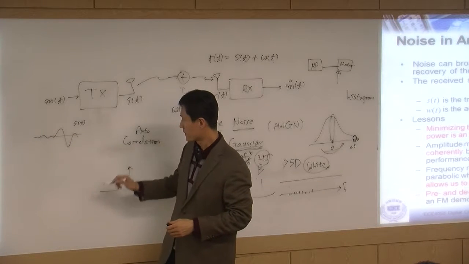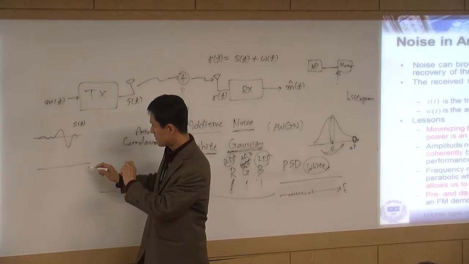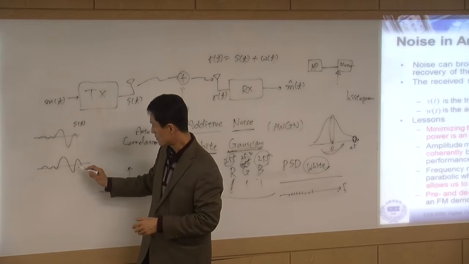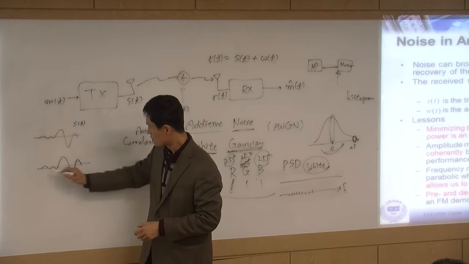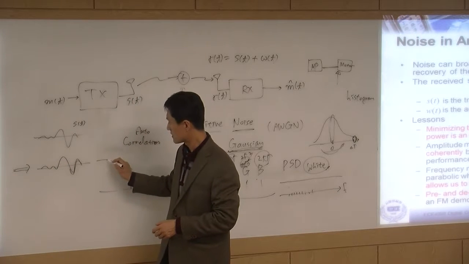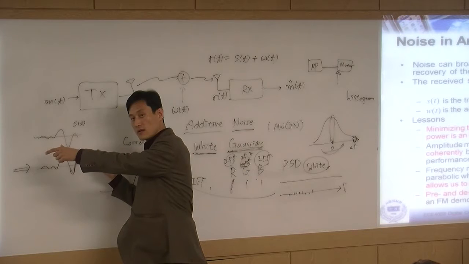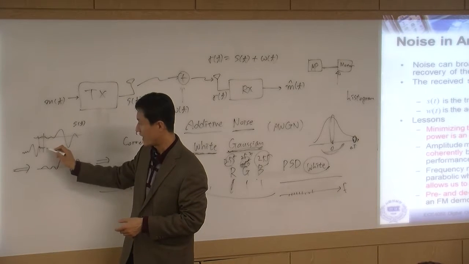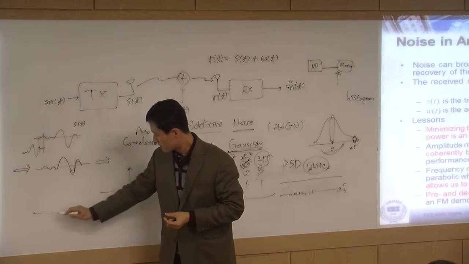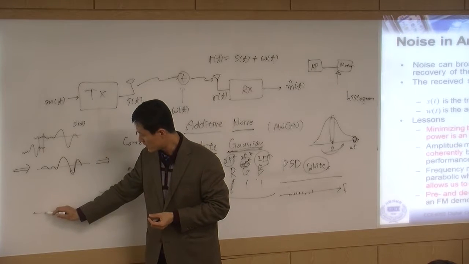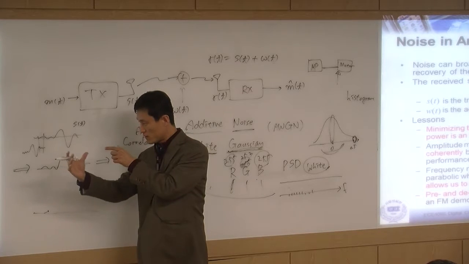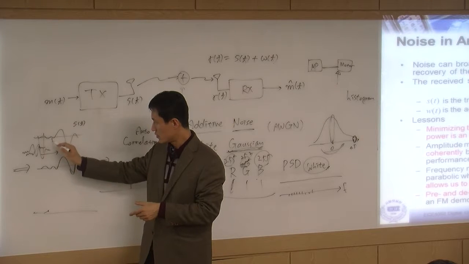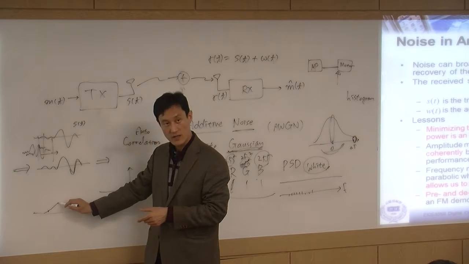Let's do that. So make another copy. Now it's the same thing. You are going to slide it. First, when you have a little bit of overlap like this, you have a little bit of energy, so a little bit of value. Now you shift it a little bit more to the right. You have more overlap, so you get more value.